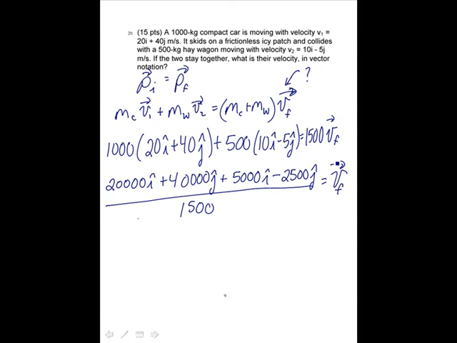So 20,000 i plus 5,000 is 25,000 over 1,500, and then 40,000 minus 2,500 is 37,500 over 1,500 in j.